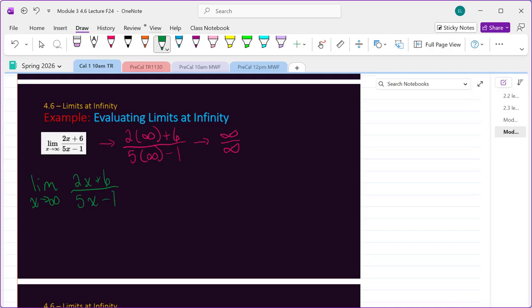So when we're looking at the structure and we're figuring out, like, what do I want to do here? Now, if I think about the way these two things graph, like the top is a line with a slope of 2 and an intercept of 6. The bottom is a line with a slope of 5 and an intercept of -1.